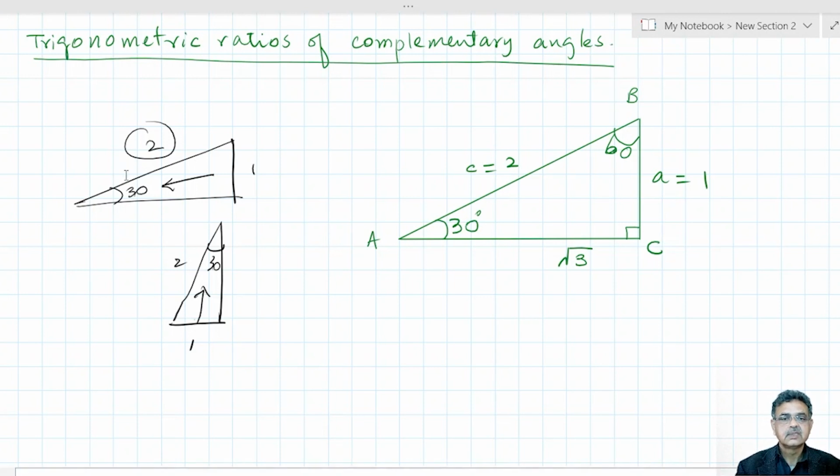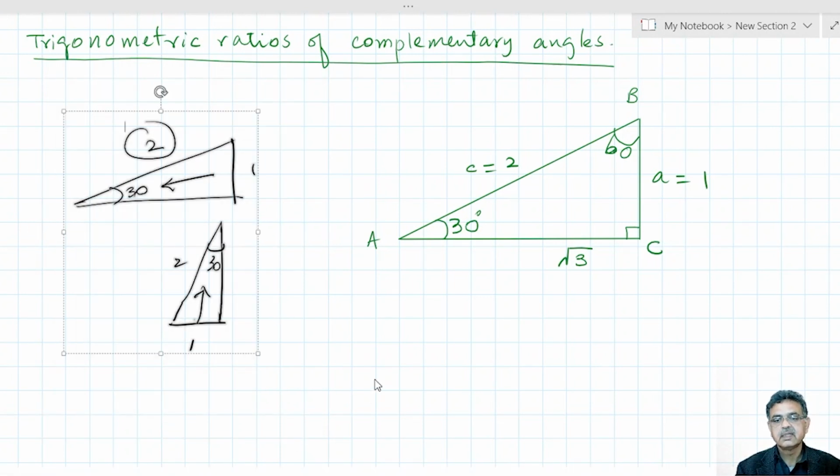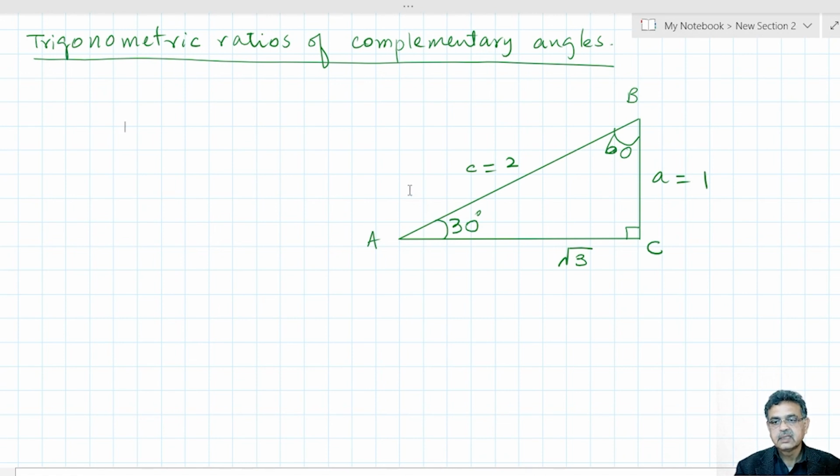Obviously the hypotenuse is always there in a right angle triangle, so there is no need to tell that this angle is 90 degrees. Now, if this is 30 degrees, this will be 90 minus 30, that is 60.